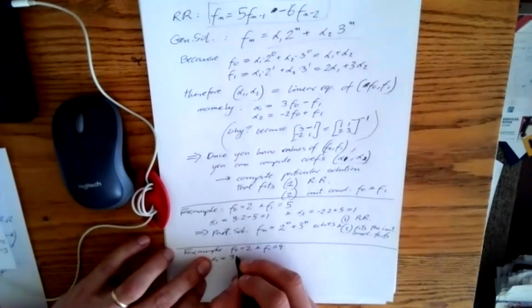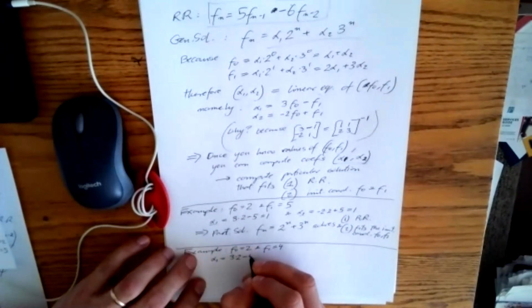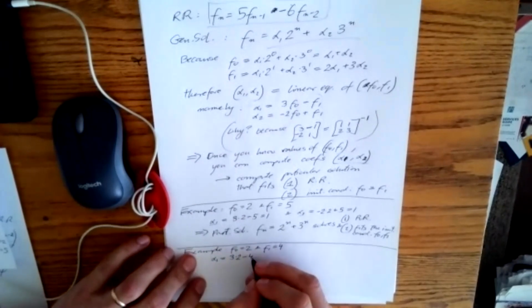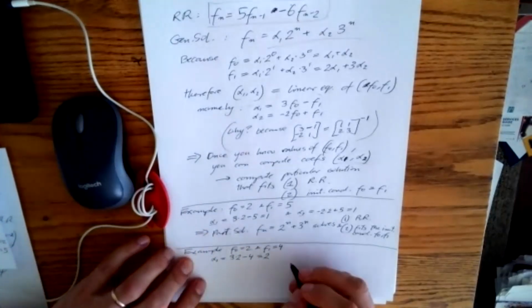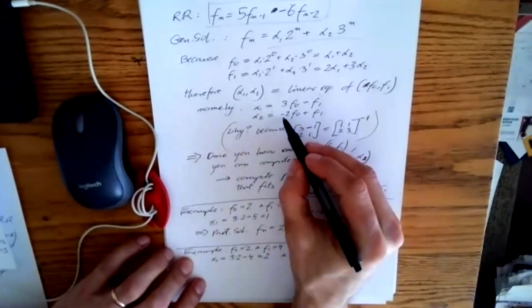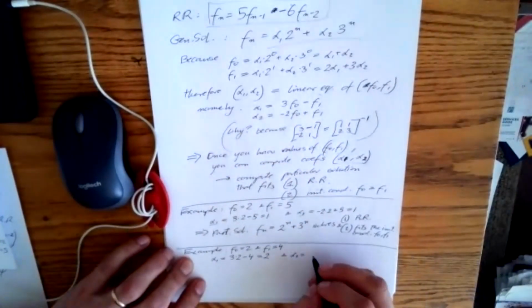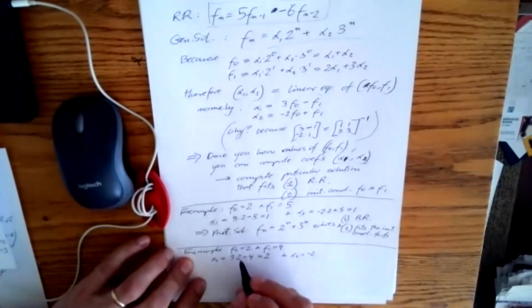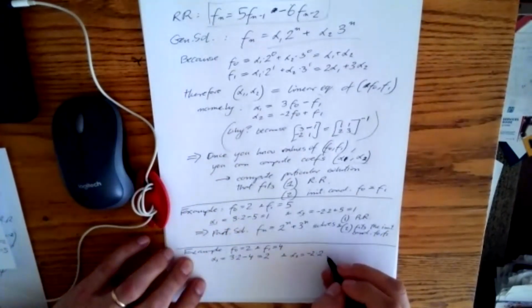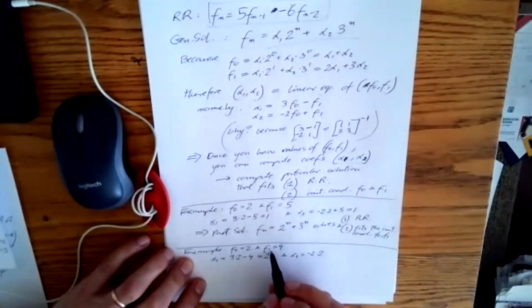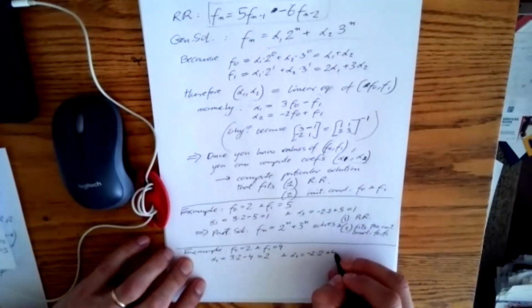So it's 3 times 2 minus F1, which is 4. So that's 2. And alpha 2 would be computed like this. It's minus 2 times F0, so minus 2 times 2 plus F1, which is 4. So that's actually a 0.